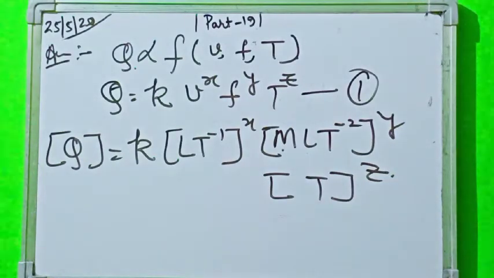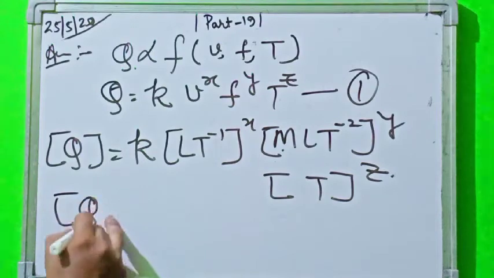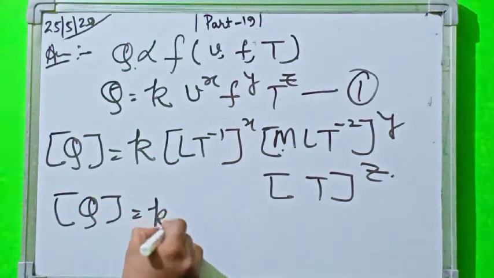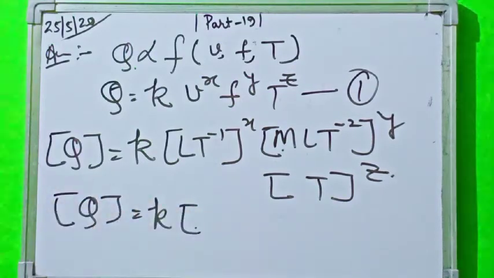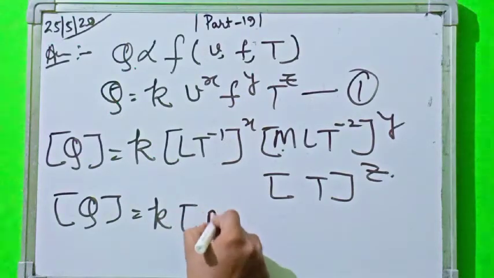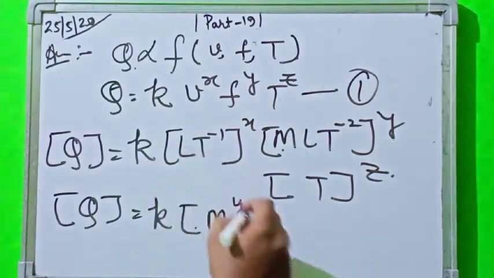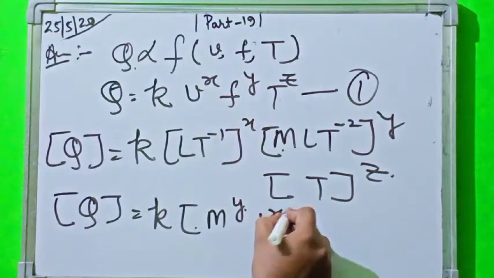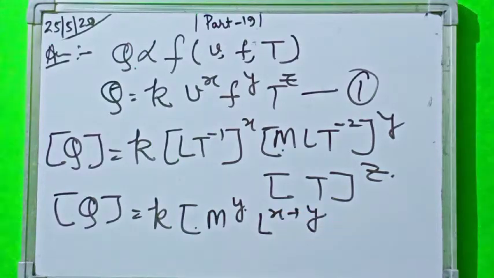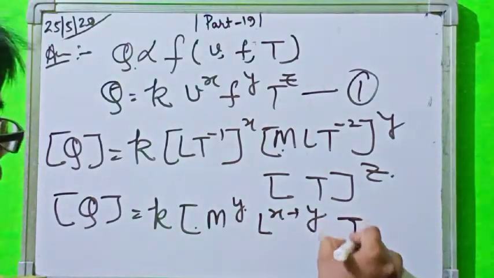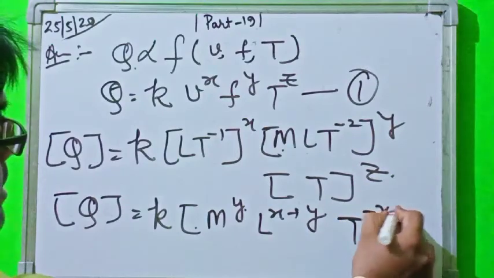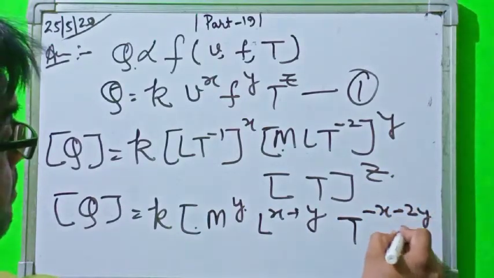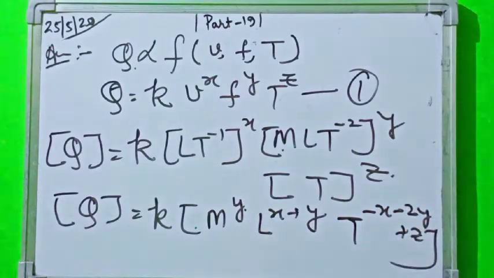Clear? On solving it, Q is equal to K, mass power y, L^(x+y) and T^(−x−2y+z).